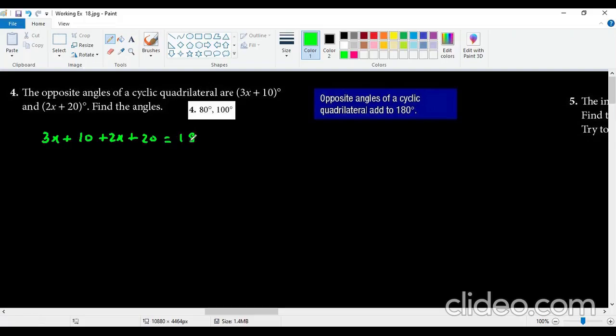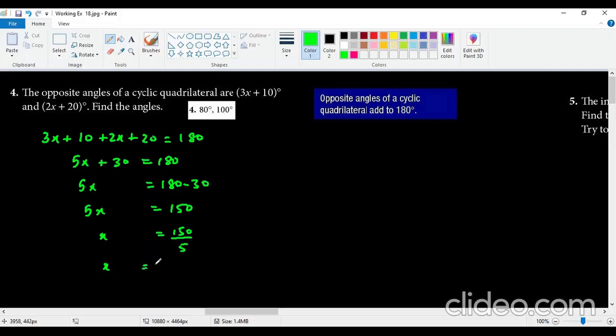So 3x plus 2x is 5x, and 20 plus 10 is 30, so 5x equals 180 minus 30. So 5x equals 150, and x equals 150 divided by 5. So the value of x is 30.